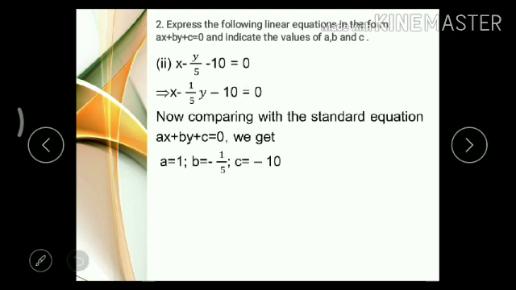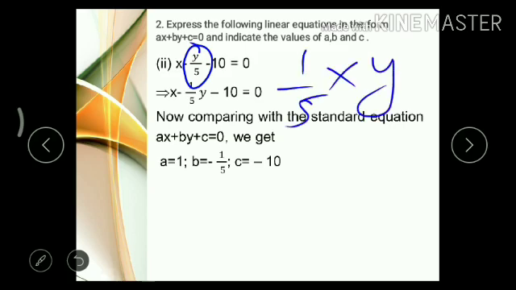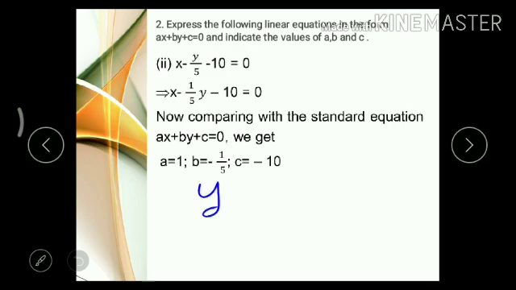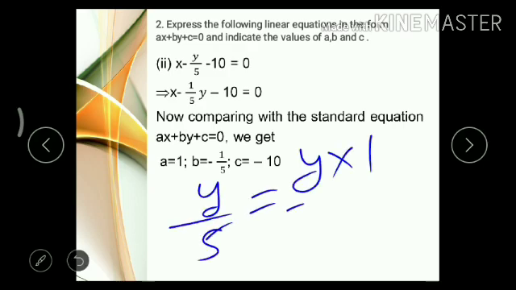So this y by 5 can be written as 1 by 5 into y. Do you agree? If not, let me tell you: y by 5, can we write it as y into 1 by 5? Will it change the value? No, right?